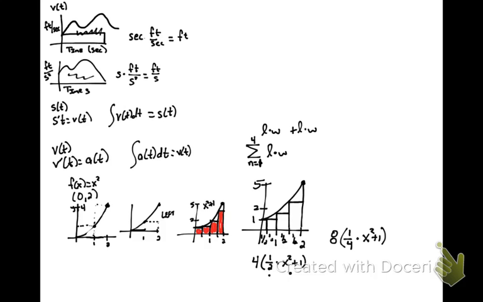And as I keep going with this idea, as I get an infinite number of rectangles, the width of my rectangles gets really small. And my height stays the same. Right? I mean, that's the idea. Number of rectangles, width is now really small, height is still calculated in the same way.